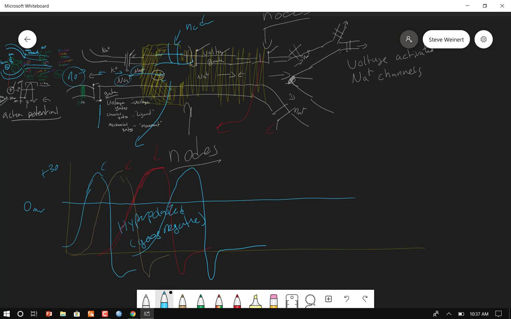So what you're seeing, not exactly right, but what you're seeing is as the first node depolarizes, becomes positive, it causes the second node to become positive. What's happening when it becomes positive? Sodium's flowing in. When the sodium flows in, it doesn't go back, it goes down, which causes the next one to fire.